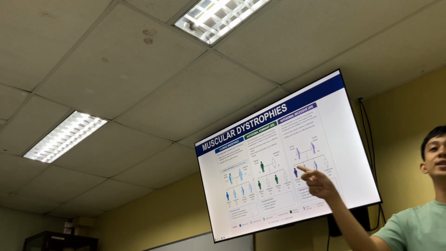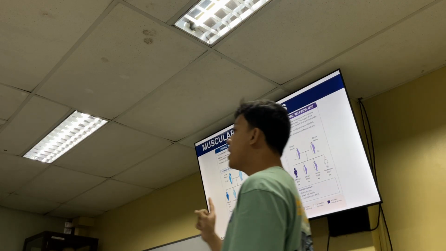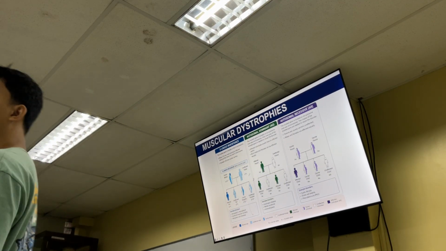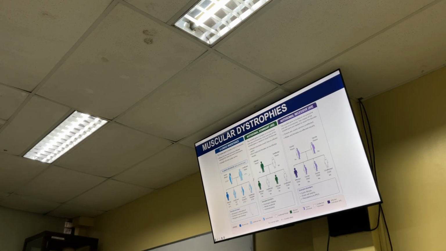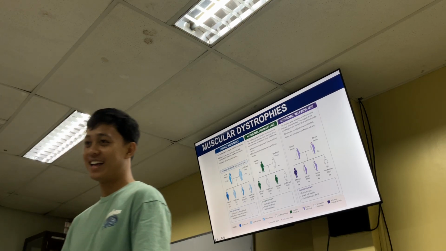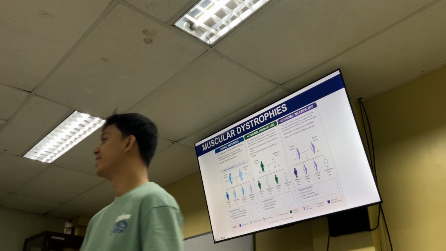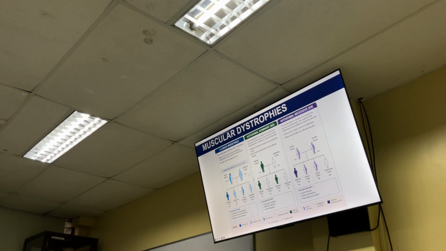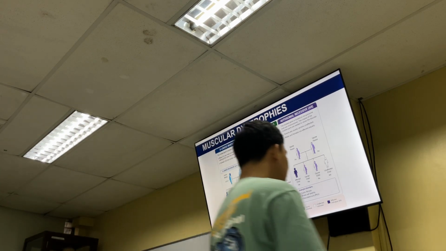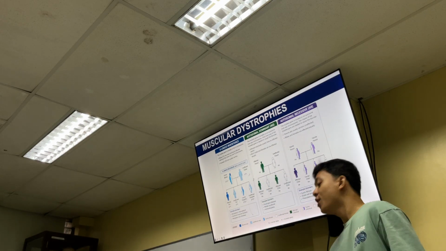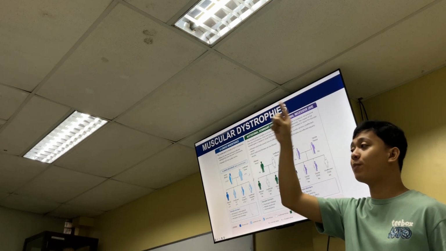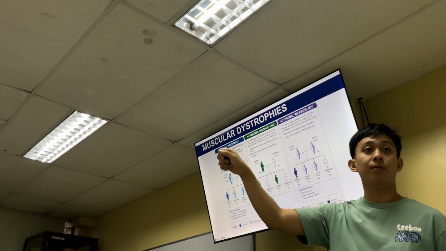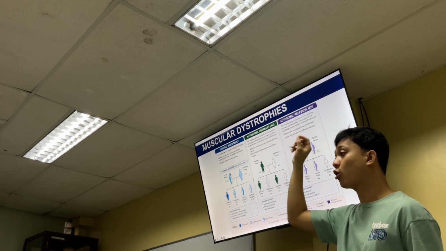In humans, how many chromosomes do we have? 46. In total, 46, and we have 23 pairs. From the 23 pairs, 22 pairs are considered your autosomes, so they are not sex chromosomes.